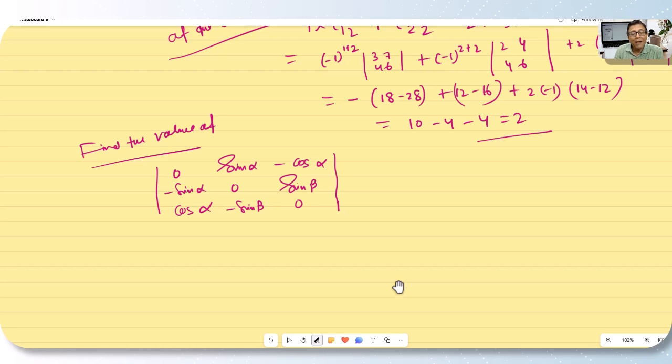So let us expand by using the concept we have just got. We can expand in terms of any row, any column. So expanding in terms of first row.